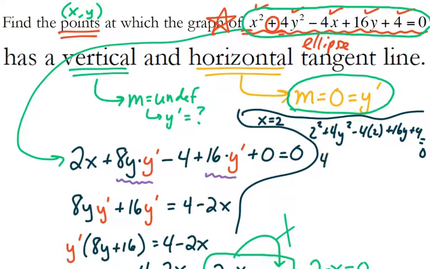Okay, let me simplify that. 4 plus 4y squared minus 8 plus 16y plus 4 equals 0. Okay, this is just normal algebra. Let's gather all our y's together. We have a y squared. We have a regular y. How about the non-y's? Well, I've got 4 and a minus 8 and a 4. That's just 0. Oh, there we go. Oop, I had to put a 16y there, Mr. Brown.